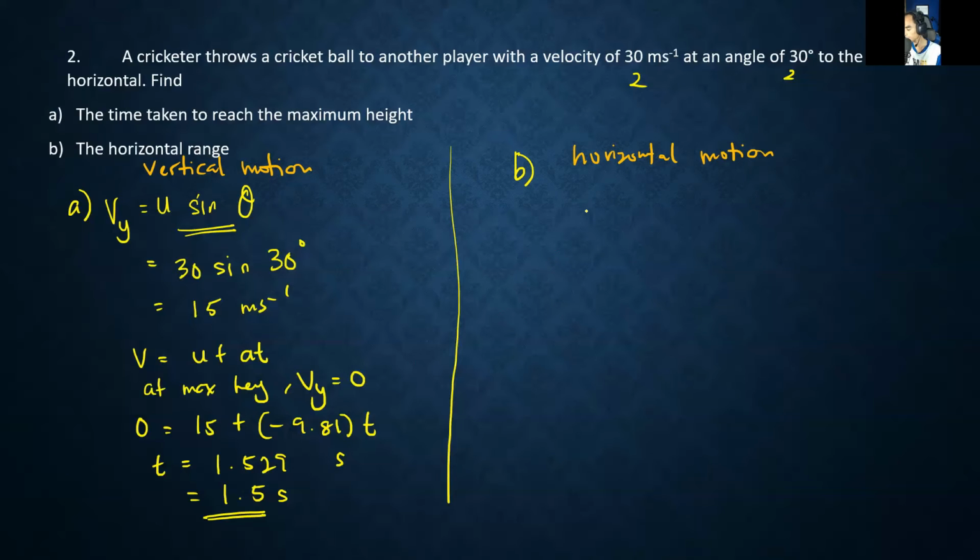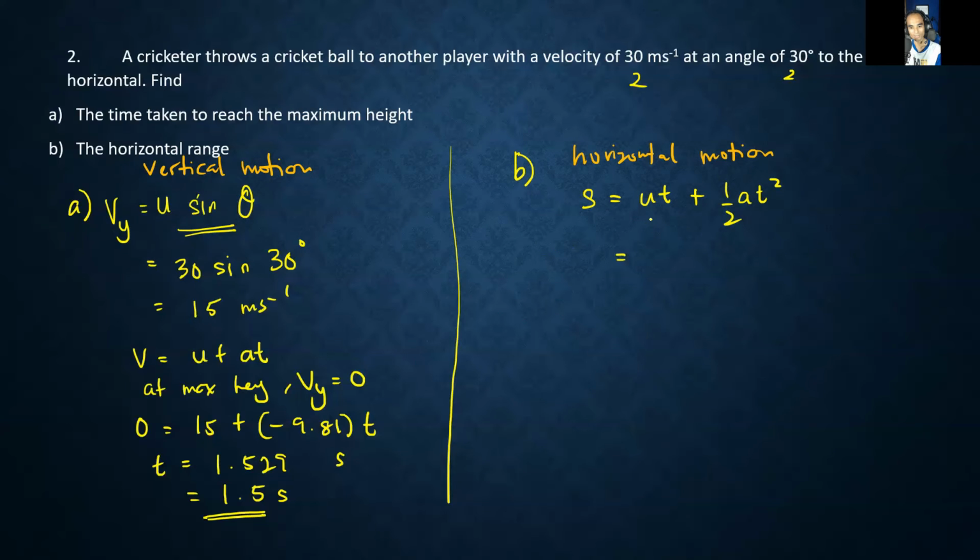Next thing is S equals ut plus 1/2 at squared. So u is 30 meters per second. Yes, u is 30 meters per second.